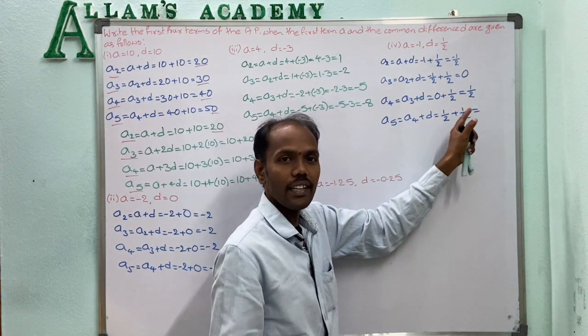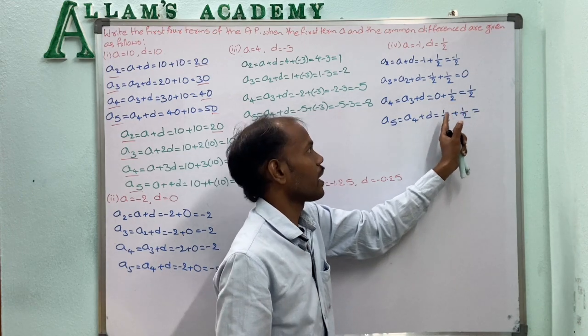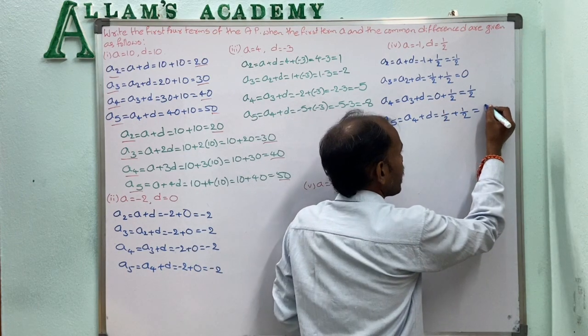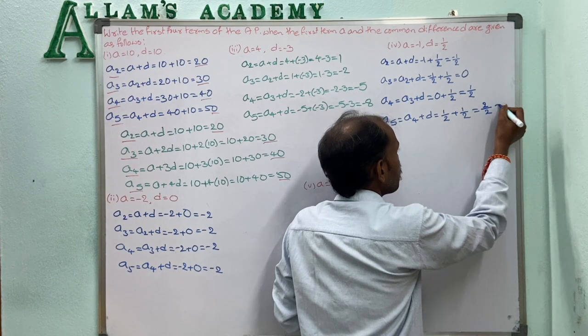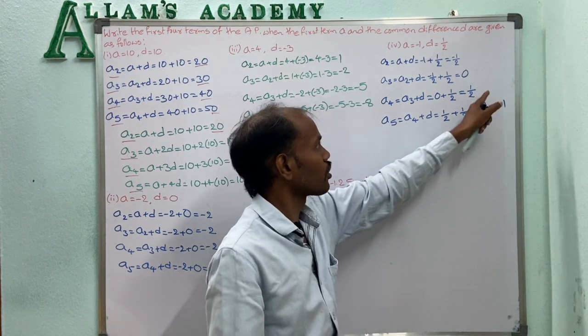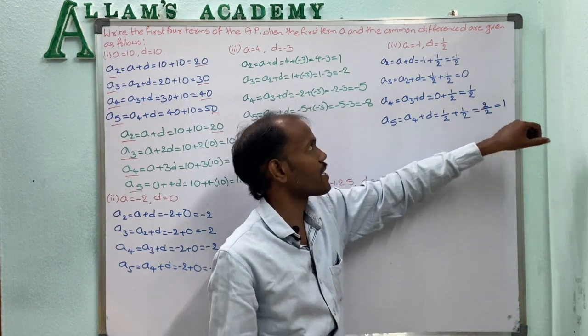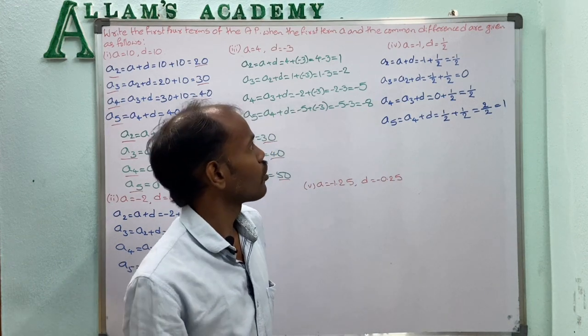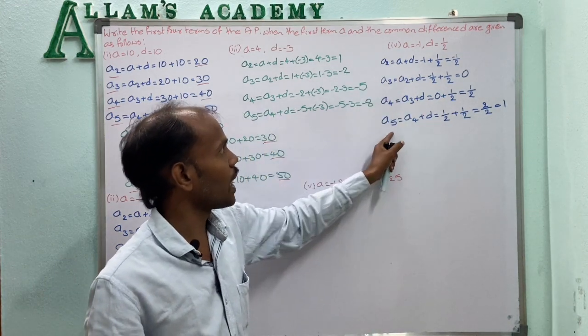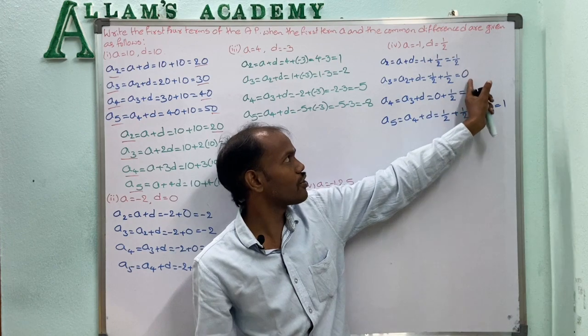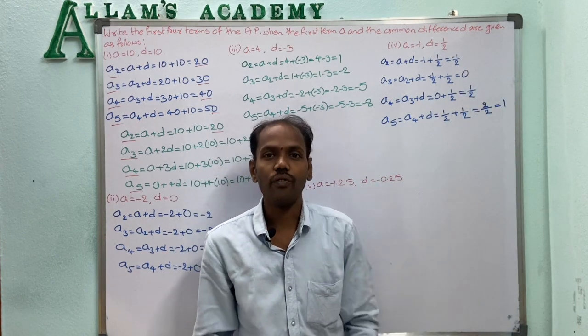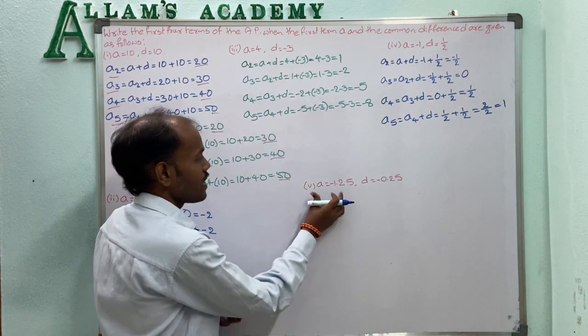So we directly add the numerators. That means 1 plus 1 is 2 by 2. 2 by 2 becomes 1. So the 4 terms of the AP are minus 1 by 2, 0, 1 by 2 and 1. And the next series is given.